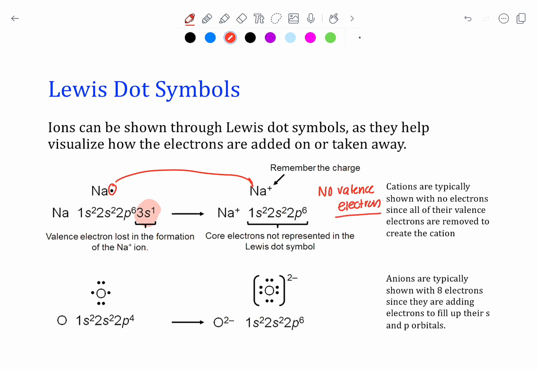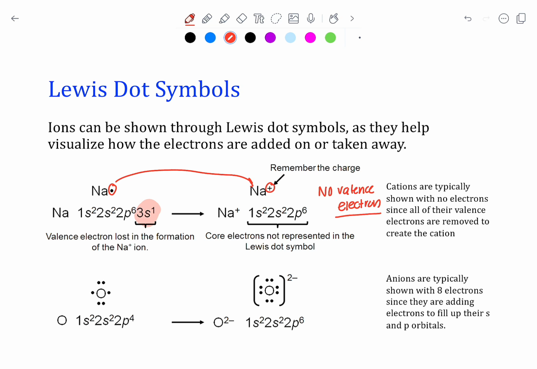If there are no valence electrons, there are no dots in our Lewis dot symbol because the Lewis dot symbol shows the valence electrons. When we take away that 1 electron, all we're left with is our core electrons, which we do not touch at all. So our Lewis dot symbol just becomes Na, but we have to show it with a charge.